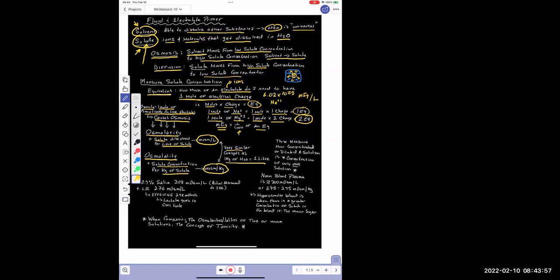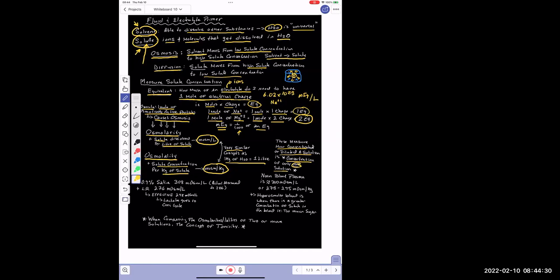All right. So again, these measure how concentrated or diluted a solution is. And the important thing to know here is we are only looking at the concentration of one solution. So we're drawing a sample of blood plasma, and that tells us the solute concentration dissolved in that sample of plasma. It doesn't tell us anything about something going on inside of a cell, for example.